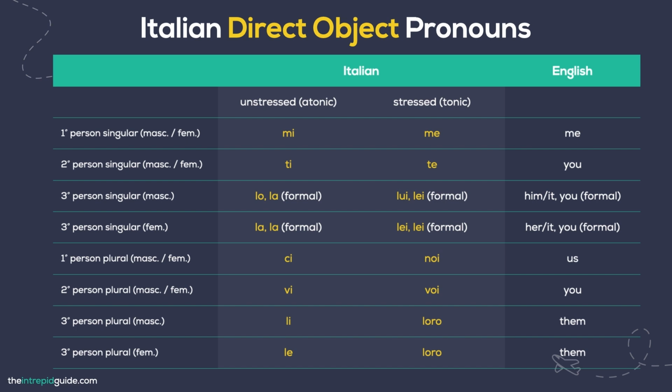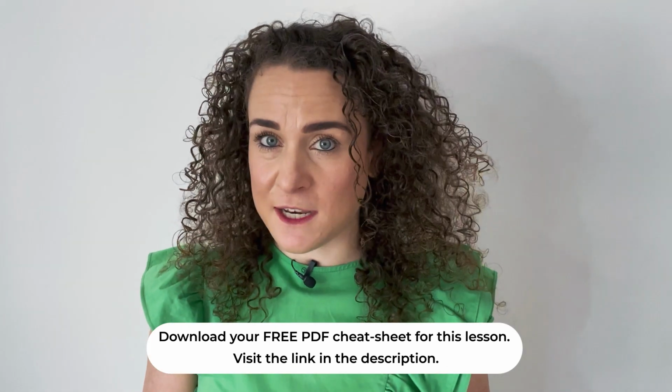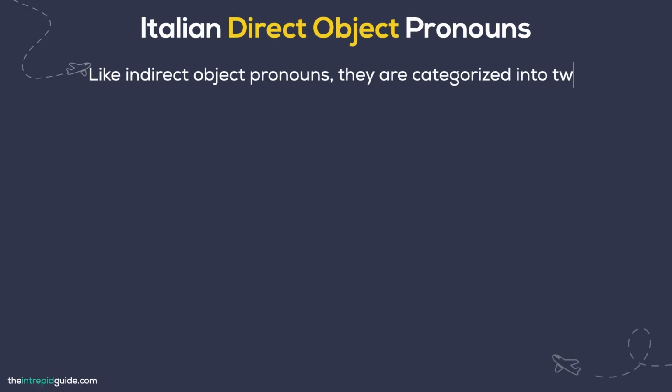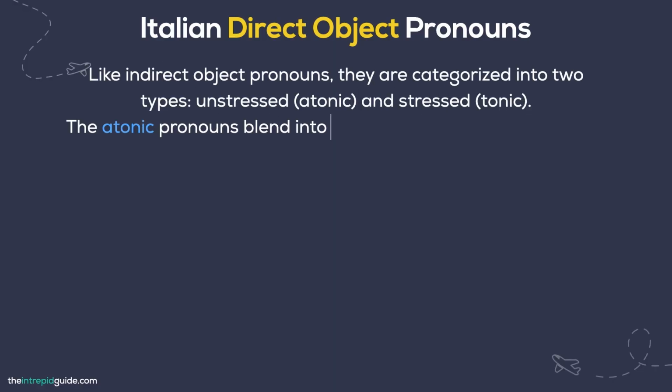Li, them masculine. Le, them feminine. Italian direct object pronouns vary based on the gender, masculine or feminine, and number, singular or plural, of the noun they replace. Like indirect object pronouns, they are categorized into two types, unstressed or atonic, and stressed, tonic.